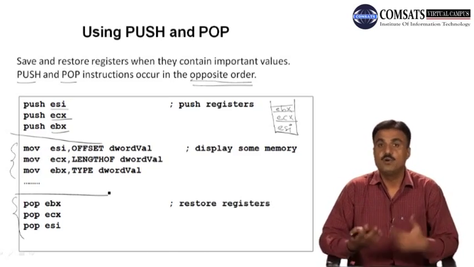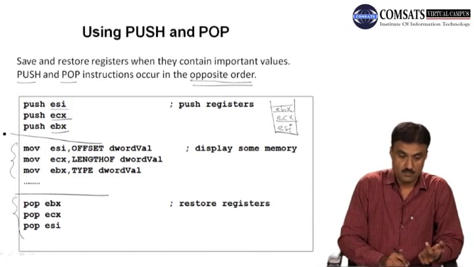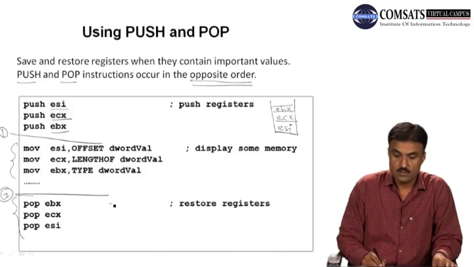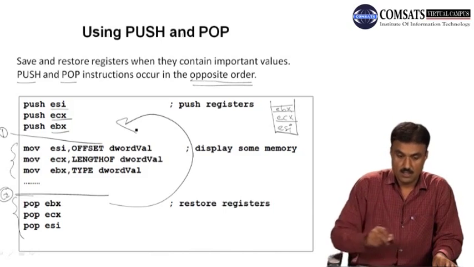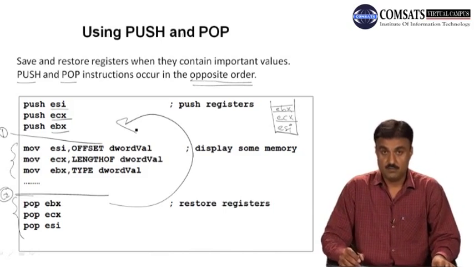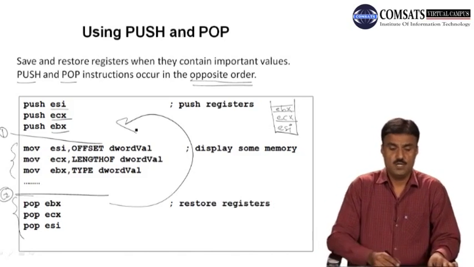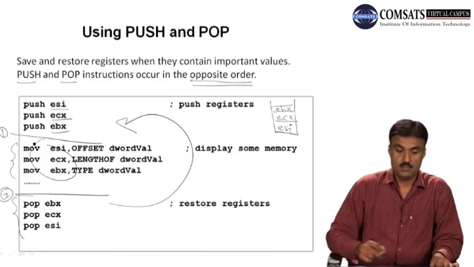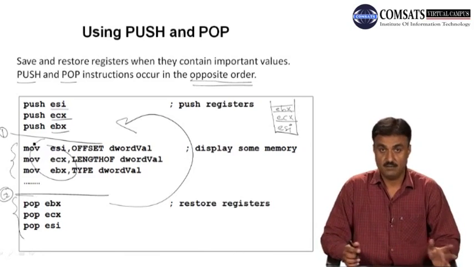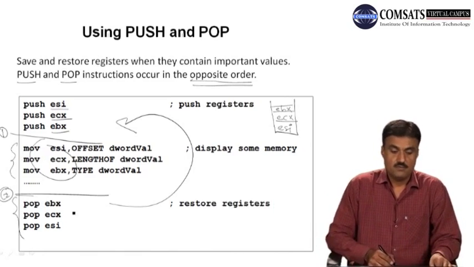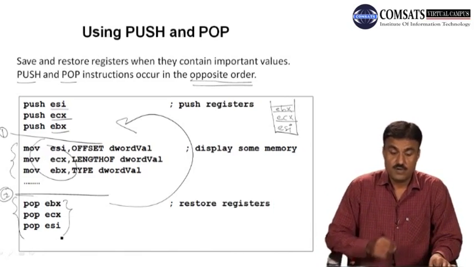Now we need the original values from before point number 1, and we are here at point number 2. When we come to point number 2, we need all the values of these registers, ESI, ECX and EBX. You can assume this is a complete loop, or a procedure, or anything whatsoever you can imagine right now. So we have to pop those values.